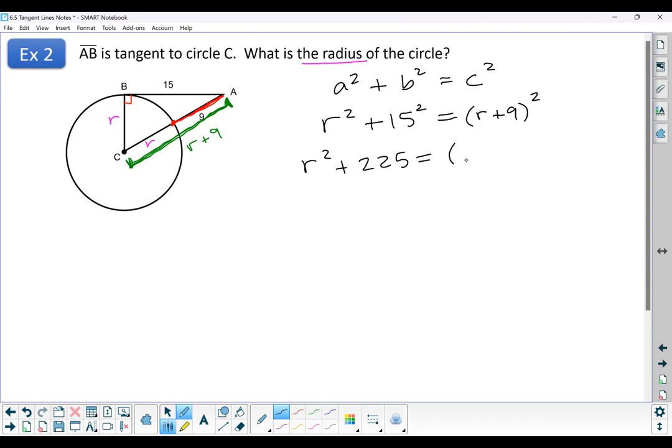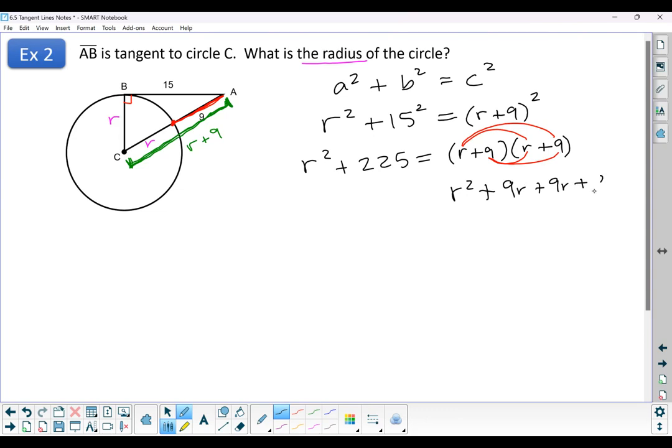But when it says R plus 9 squared, it means to take an R plus 9 and multiply it by another R plus 9. So that's R squared plus 9R plus another 9R and then plus 81.